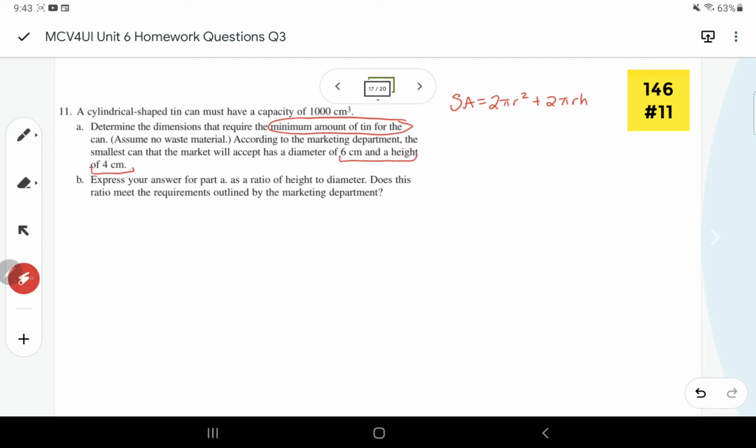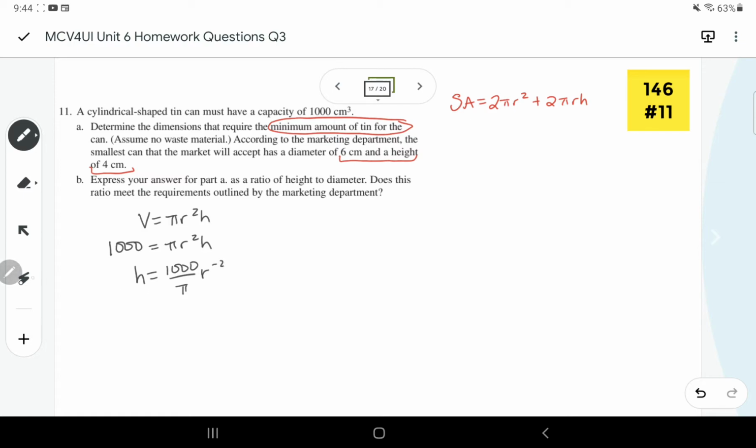The other information I know is that the volume of this is 1,000 centimeters cubed. The volume of a cylinder is pi r squared h. So if that's equal to 1,000, then h is going to be 1,000 over pi r to the negative 2.